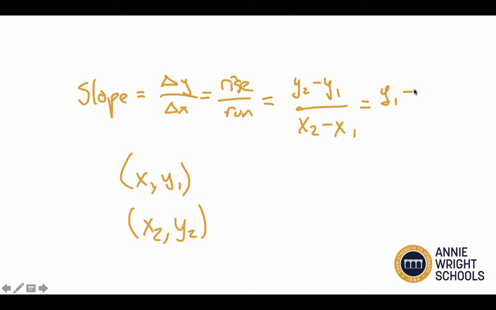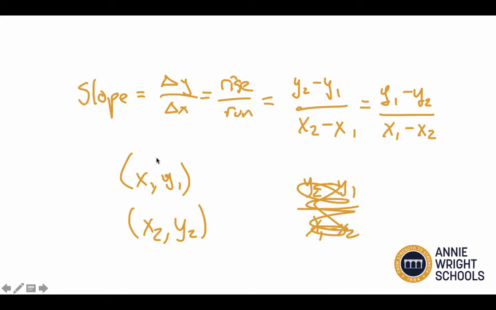You could do y1 minus y2 divided by x1 minus x2. The order doesn't matter as long as the first y coordinate corresponds to the first x coordinate and the second y coordinate corresponds to the second x coordinate. So you cannot do y2 minus y1 over x1 minus x2. Can't do that. So that's slope.